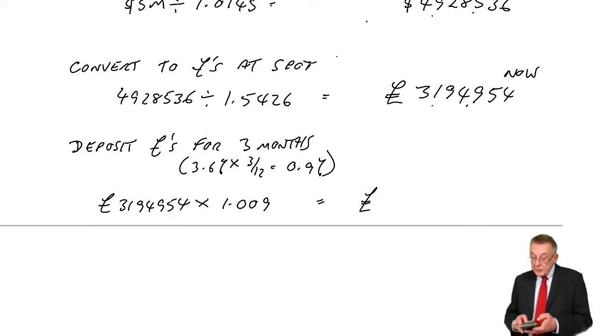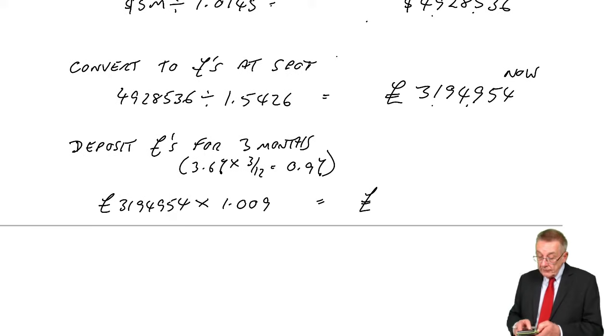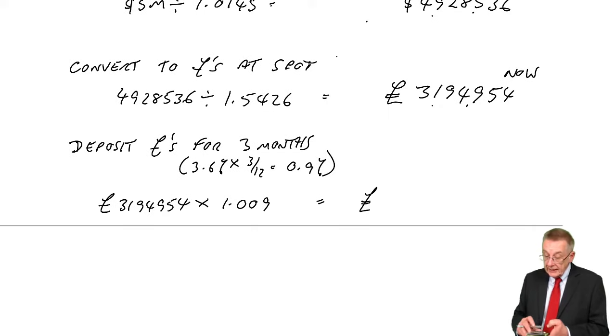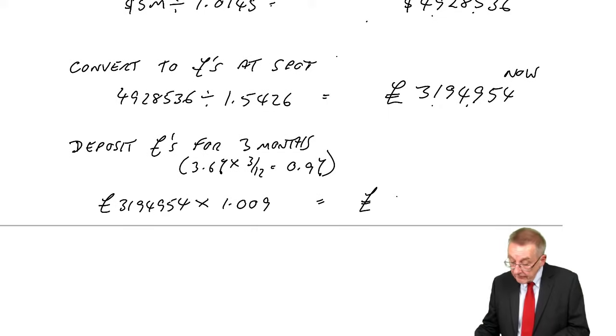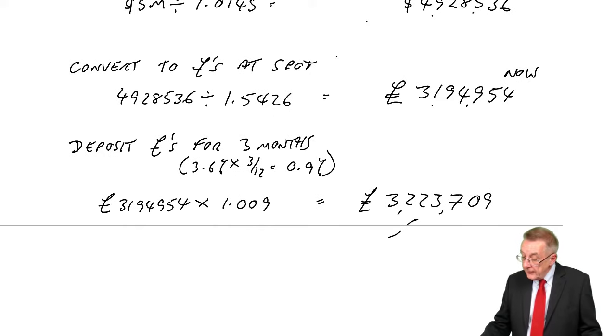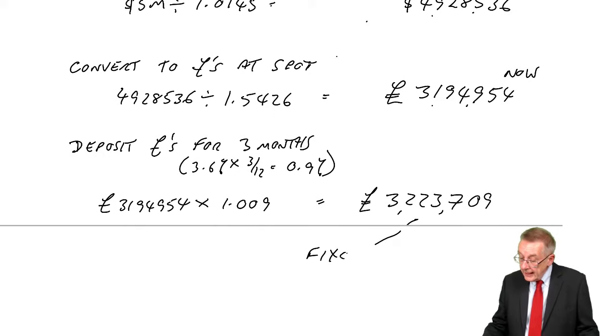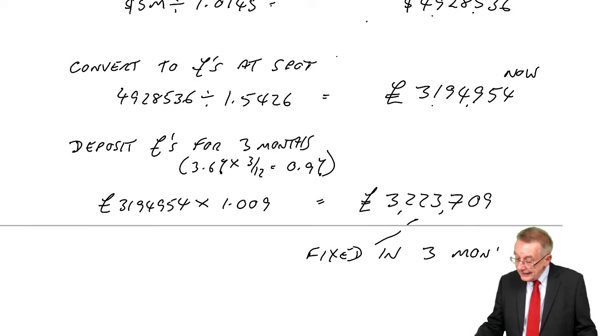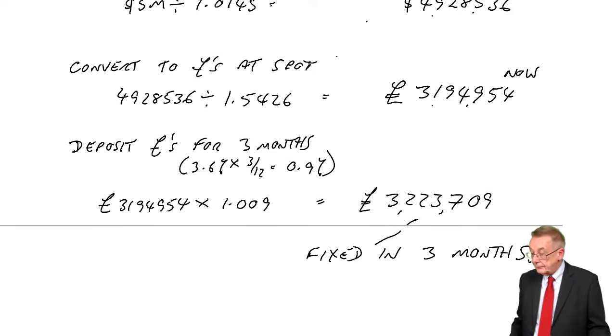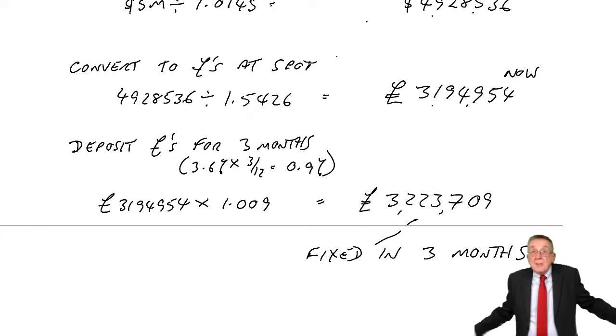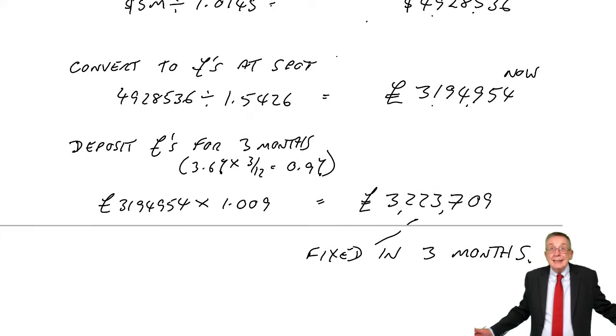Means it'll have grown to 3,194,954 times 1.009, 3,223,709, and that amount is fixed in 3 months' time. And it doesn't matter what happens to the exchange rate.